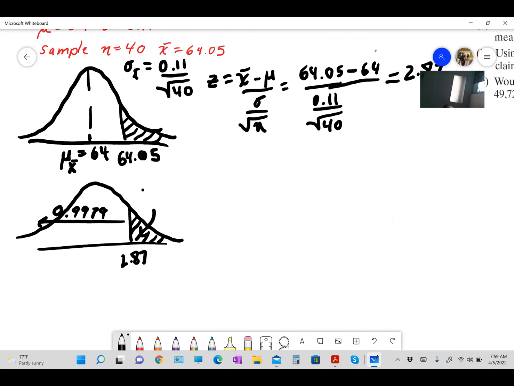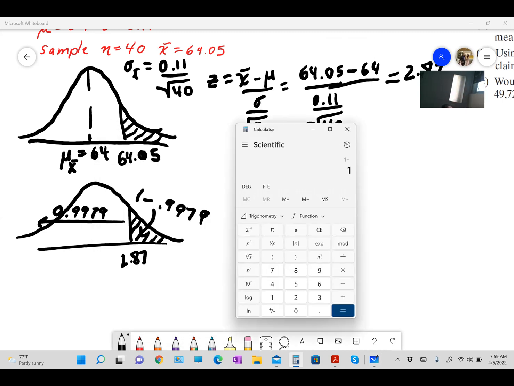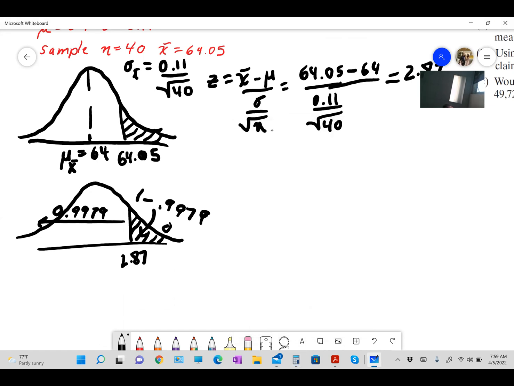So we take 1 minus 0.9979 to find that area. So 1 minus 0.9979 is 0.0021.